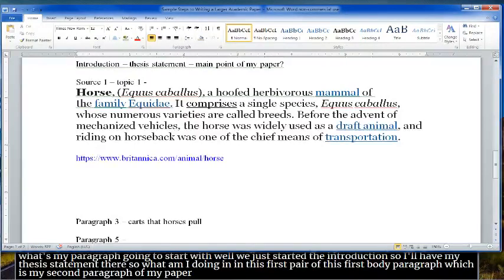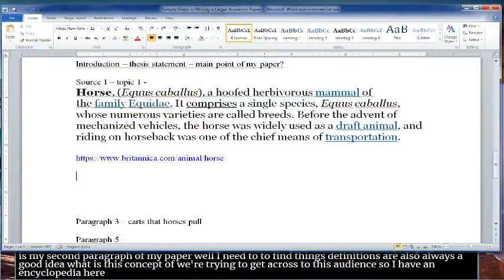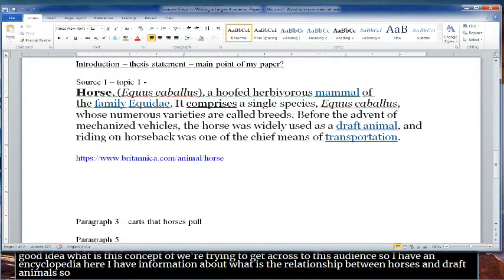Well, I need to define things. Definitions are always a good idea. What is this concept we're trying to get across to this audience? So I have an encyclopedia here. I have information about the relationship between horses and draft animals. So, horses are magnificent creatures.